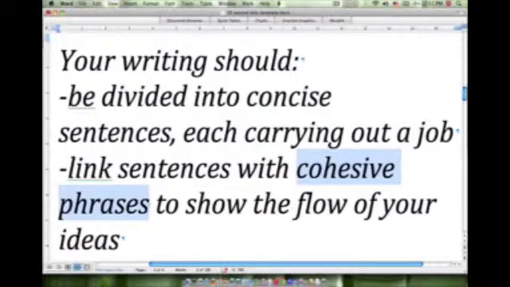These are the phrases like, for example, as this shows, because of this, thus. These points make it clear that, on the other hand, in contrast to this, in summary, to prove this, these kinds of phrases.